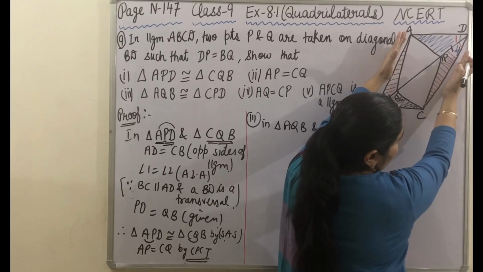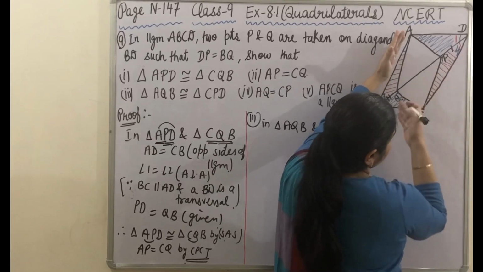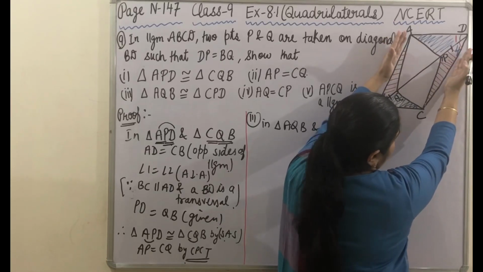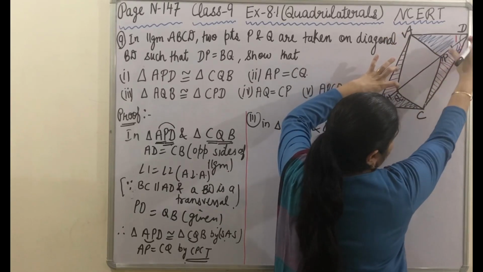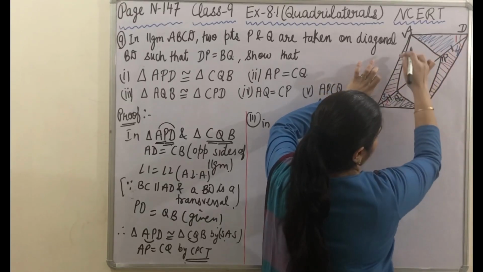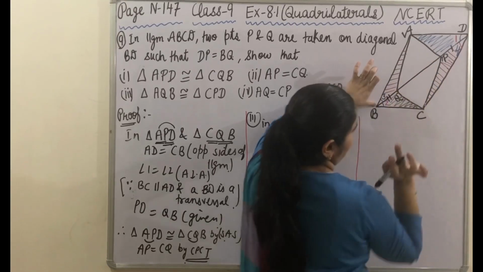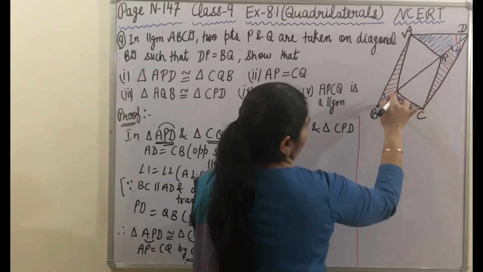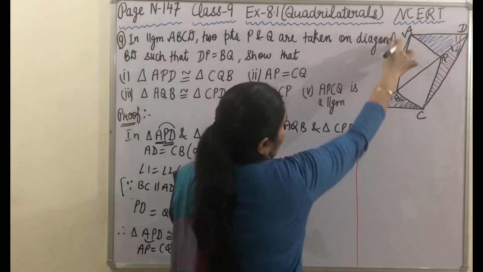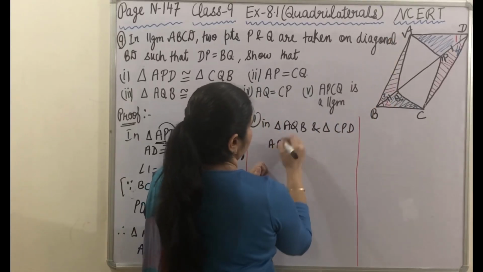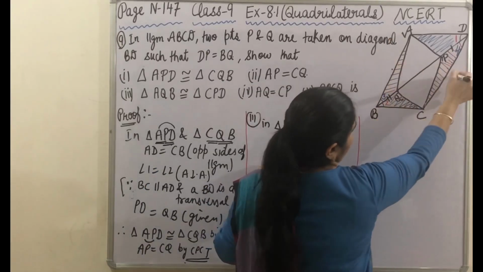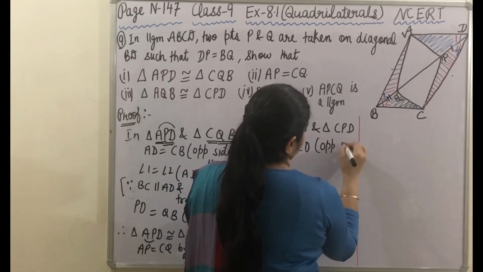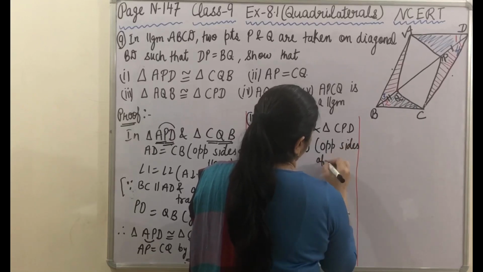Opposite sides of a parallelogram are equal because it is given ABCD is a parallelogram, therefore AB is equal to CD, and the third element is BQ is equal to PD. Again the criteria will be side, angle and side. In triangle AQB, I am writing AB is equal to CD, opposite sides of a parallelogram.